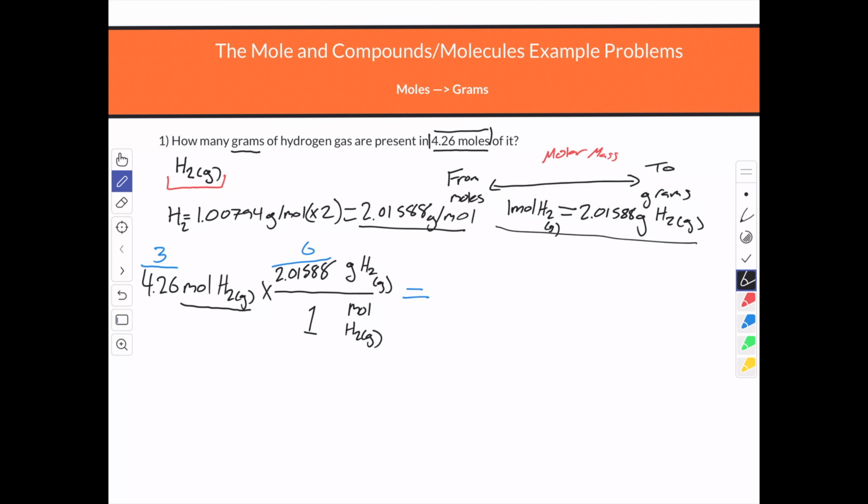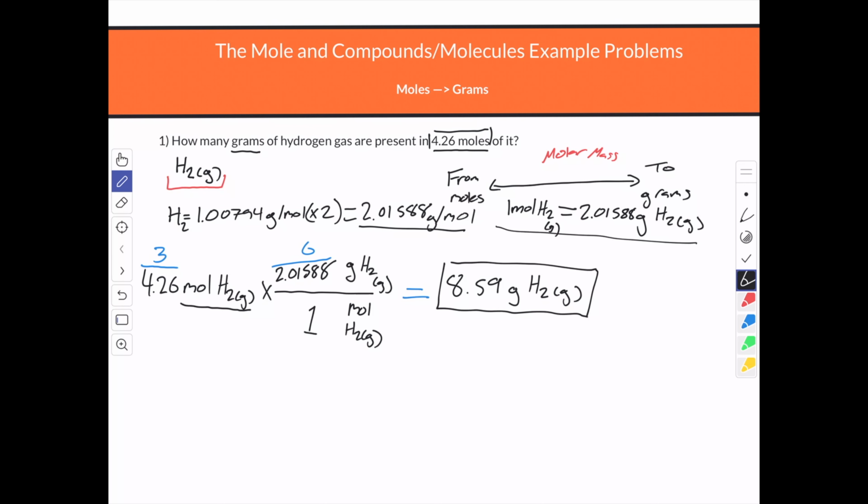It'll be 4.26 times 2.01588, and I get an answer of 8.59 grams of hydrogen gas. And that's how many grams are present in 4.26 moles.